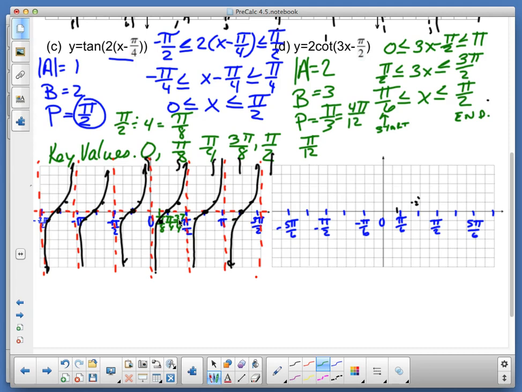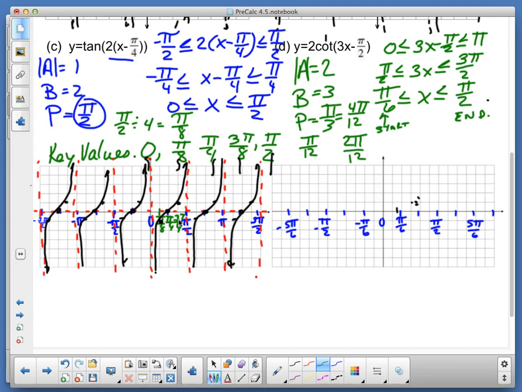Okay, so we can get this going. Are there any questions about what I'm doing so far? Is it feeling comfy? This one's harder because of the fractions, I'm going to be honest. Okay, so remember, I got a starting spot, pi over 6. So pi over 6 is the same as 2 pi over 12.